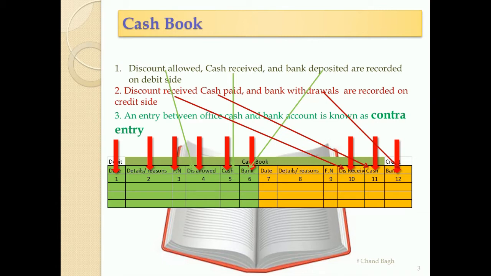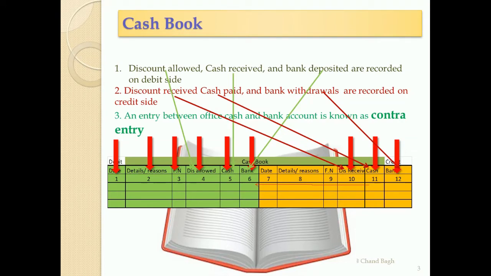And when there is any transaction between your office cash till and your bank account, these types of transactions are known as contra entry.